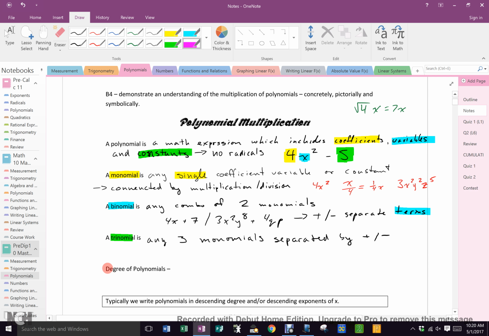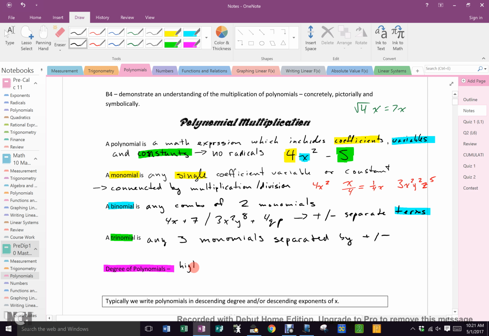This word, degree of polynomials, might be new to you. The degree of polynomials, we really only use it to write down our right answers. Okay? The degree of polynomial is simply this.